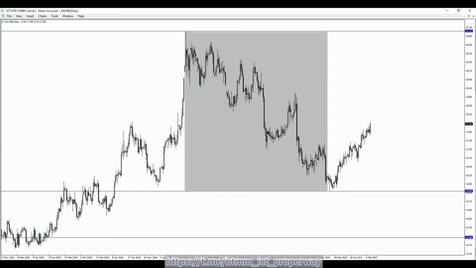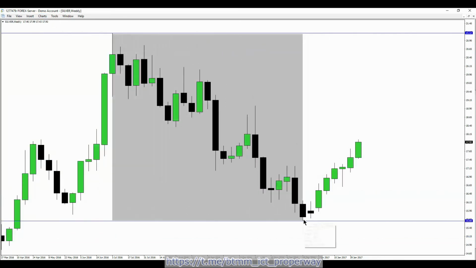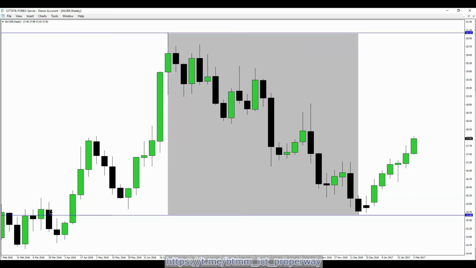If the monthly is bullish and the weekly is bullish, let's go back out to a weekly chart. Price is trading down into that monthly level, and it's also inside of a weekly bullish order block as well. So now we have the monthly chart and the weekly chart in agreement.